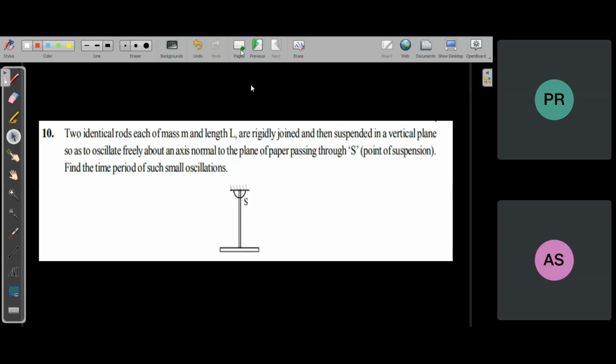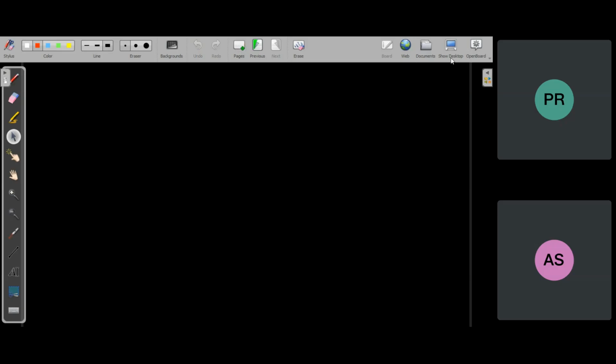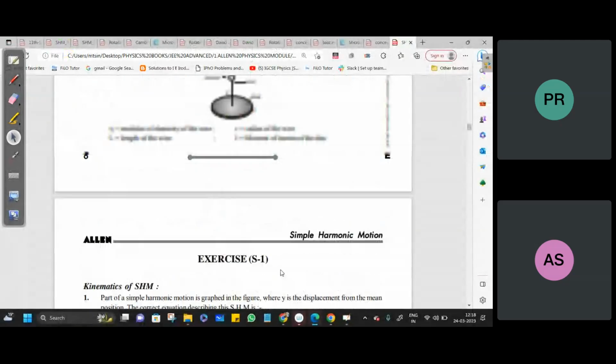So here you have to understand which type of SHM will be there, angular or linear. Angular motion, so it will be angular. So just remember the equation of angular SHM.